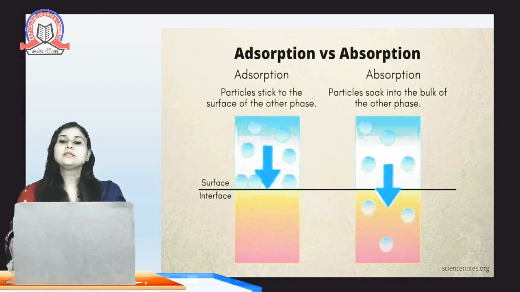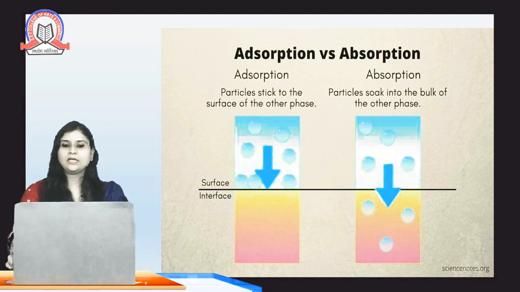Now, in this diagram, you can see adsorption versus absorption. In the first diagram, you can see a black line which shows the surface. Particles stick to the surface of the other phase. And in the second diagram, particles soak into the bulk of the other phase.